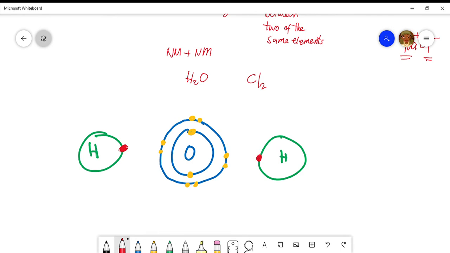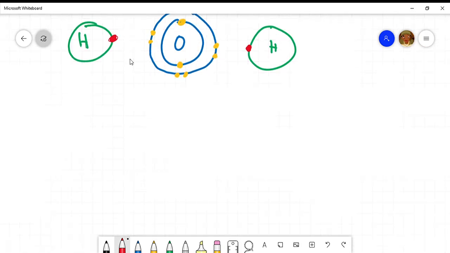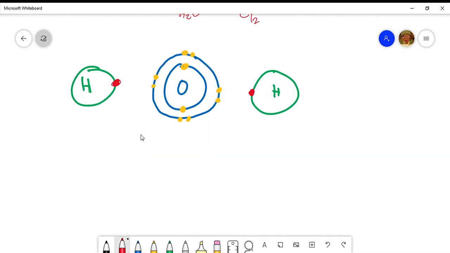So what happens when the elements in a compound share is that they approach each other in a way that nothing is replaced, but they are bonded covalently. So it'll now look like this.